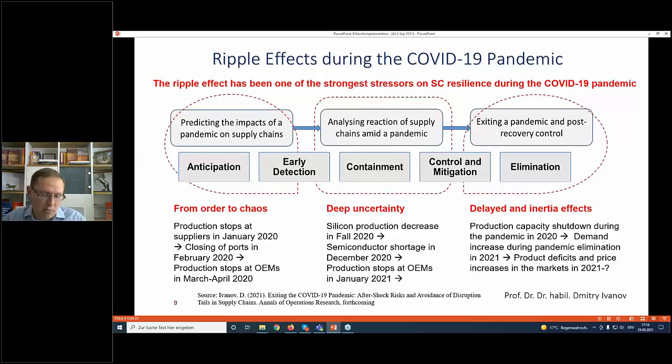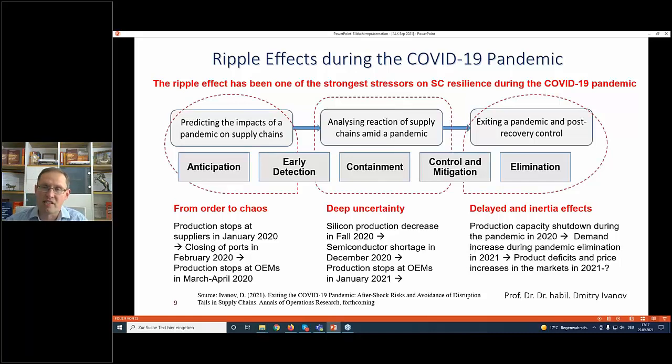Looking back at the time when we will exit the pandemic, we can also expect some delayed, inertia effects, mostly caused by production capacity shutdowns during the pandemic, and also events which come from shortage of supply and difficulties in forecasting demand.